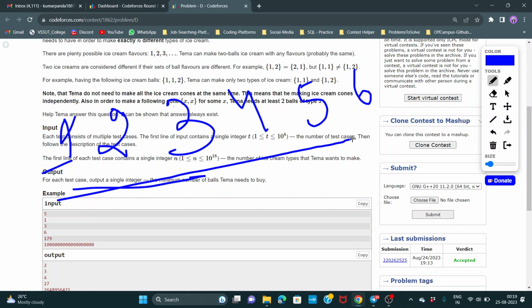You have this many balls, and all the balls have different flavors. So what is the maximum number of ice creams you can make? For this case, you can pair the first number with all the other balls, right? So in that case, the number is 5.